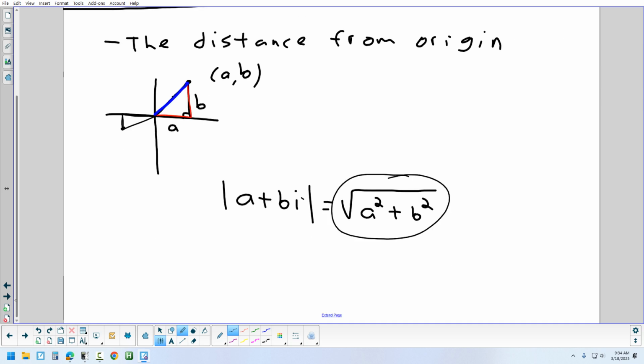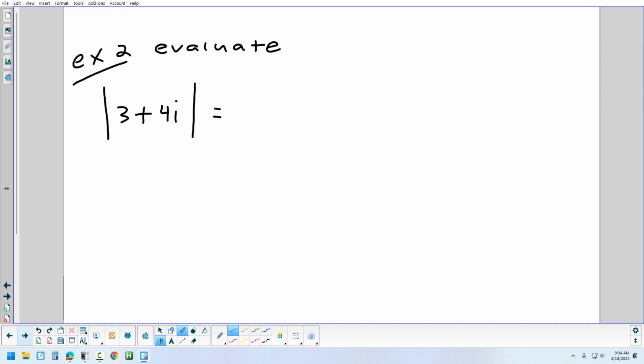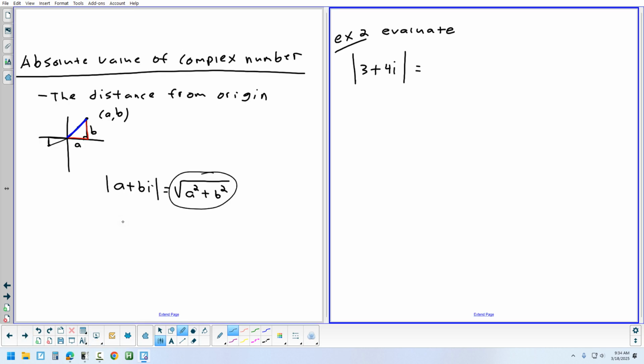All right, so let's try that. Let's try the absolute value of 3 plus 4i. In that example, first, can somebody tell me what number represents A? 3. That's my A. And what number represents B?